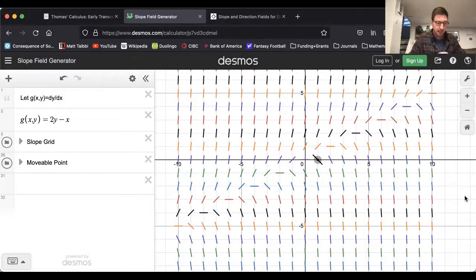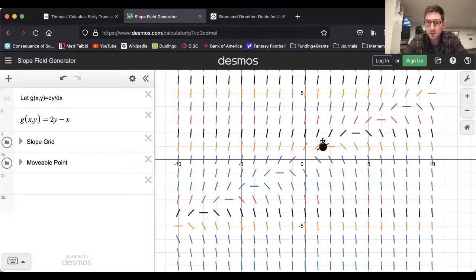What you can see on the left-hand side is I typed in my differential equation. It's saying first order differential equation, dy/dx is equal to, in this case, they call it g of x. That was just what it loaded in as. Then I'm going to write in my differential equation, 2y minus x. That was the equation we were working with.